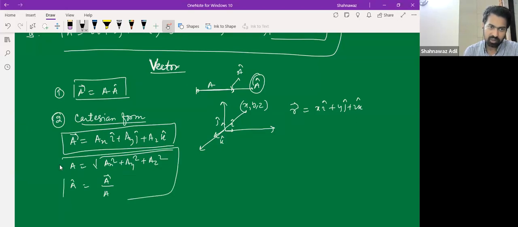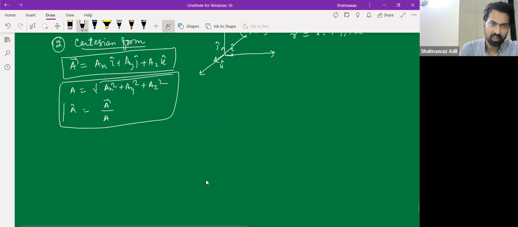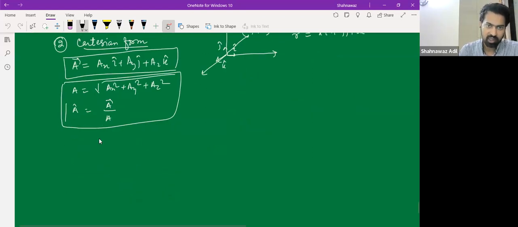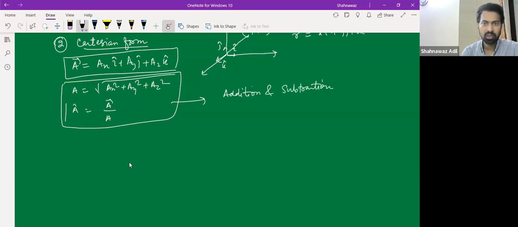So this we learned in the Cartesian coordinate, and then we used some property of the Cartesian form. So addition and subtraction we did. Right. So this we learned, this was pretty easy, right? This we just add i with i and j with j and k with k.